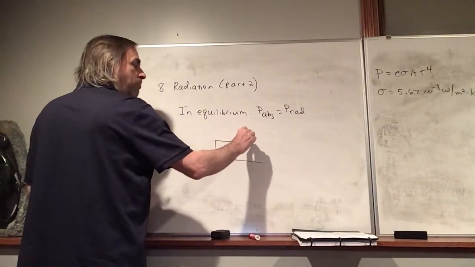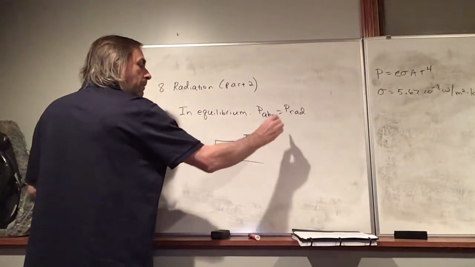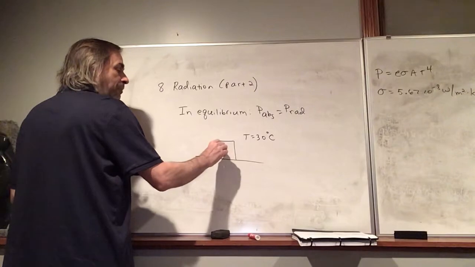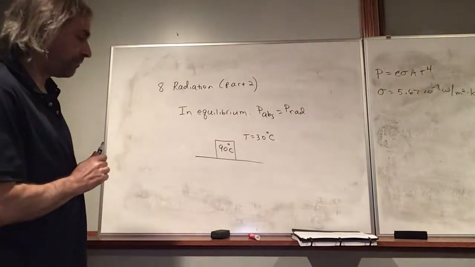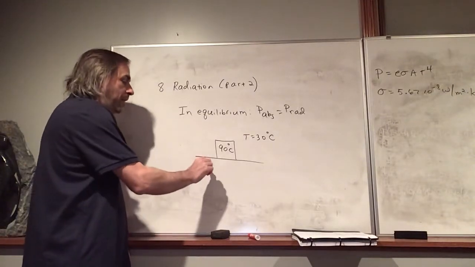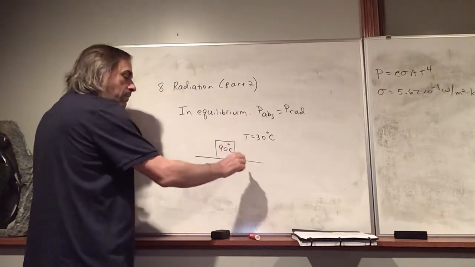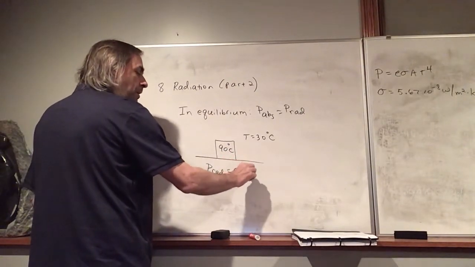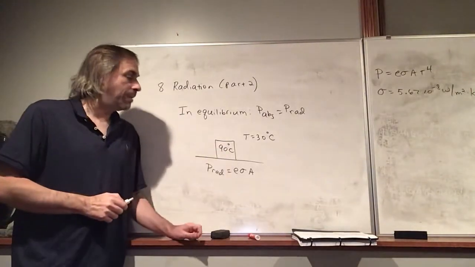So say the room temperature is 30 degrees Celsius, and say this object is at 90 degrees Celsius. Now, we know that the power that it radiates would be E sigma A times the temperature of the object itself.